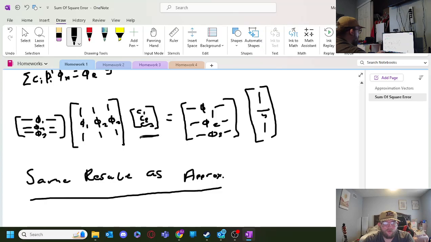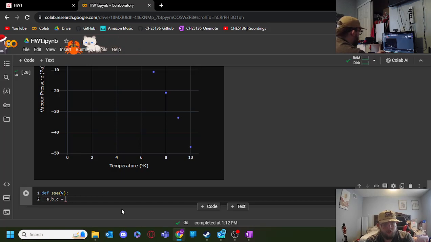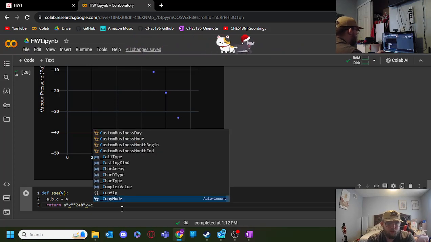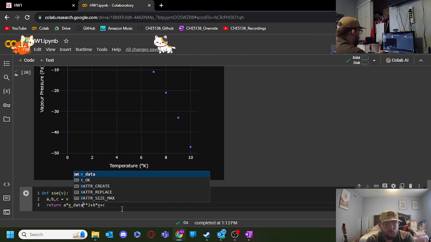So this is what that phi is going to represent. Here, we're going to split that into a, b, c, and return a times x squared plus b times x plus c.